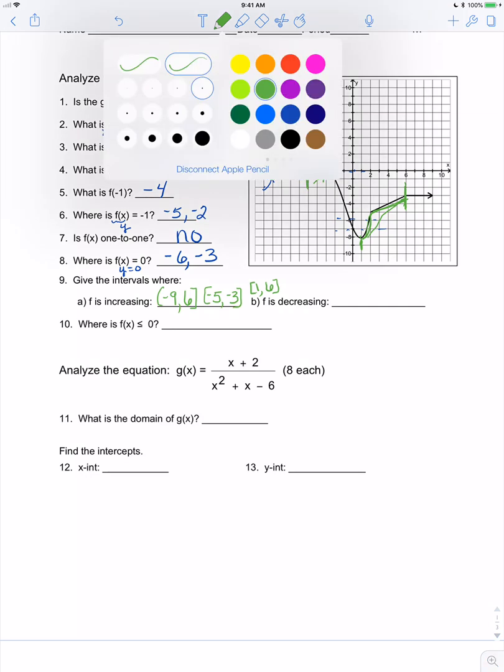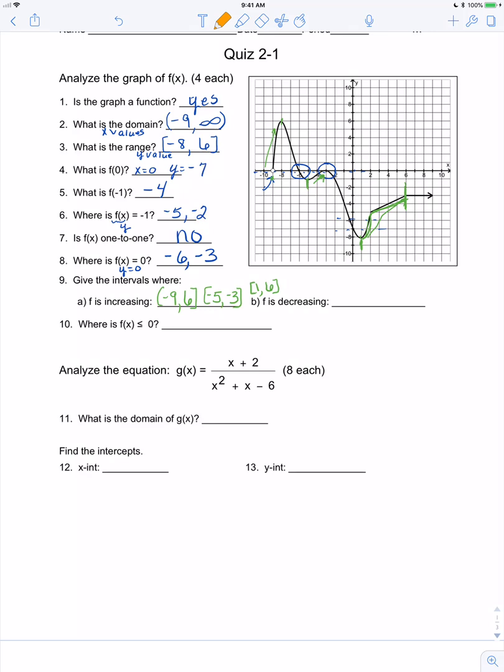So now the second question is asking, where is it decreasing? Well, that's the same thing. We're going to read it left to right. It's going to decrease here, and then it's also decreasing in this area. All right, so what are those values? Again, we're starting at -8, and we're decreasing all the way down to this point where the curve changes.